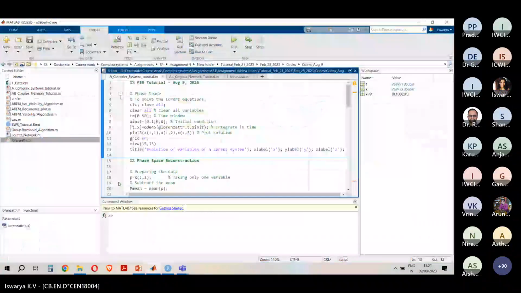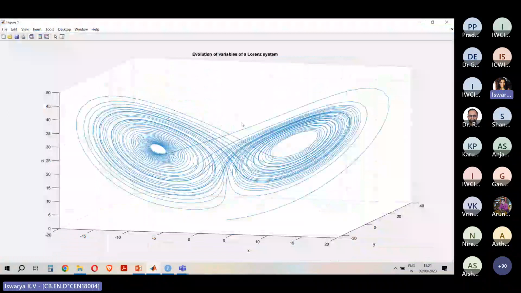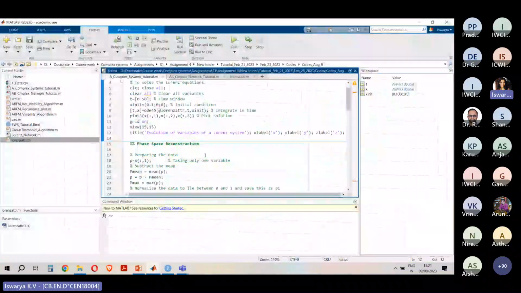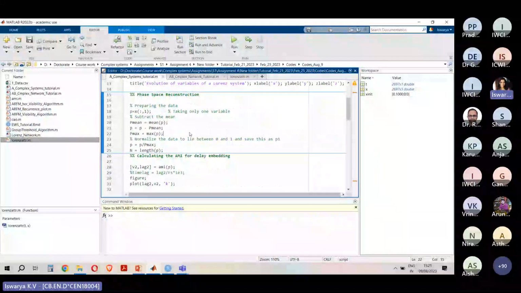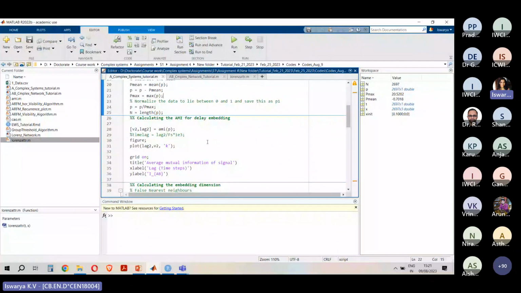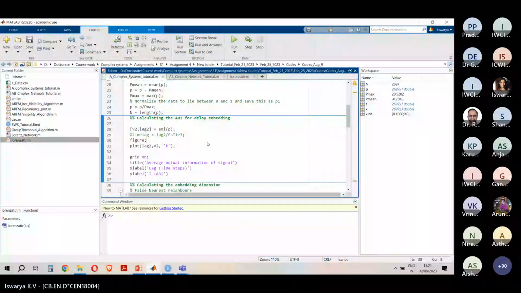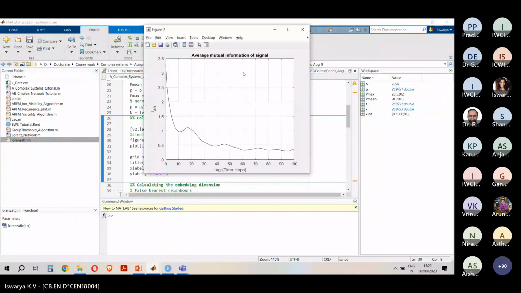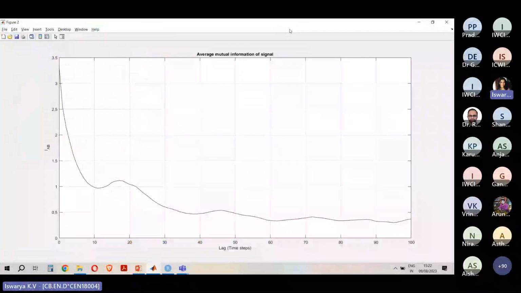So for that, what we do is, using our Lorentz system, we will be taking just one of the 3 time series that are involved in the Lorentz system. I'll be normalizing the data first, and then we will run the average mutual information calculating algorithm. After running this, we see that the first minimum is at 11.